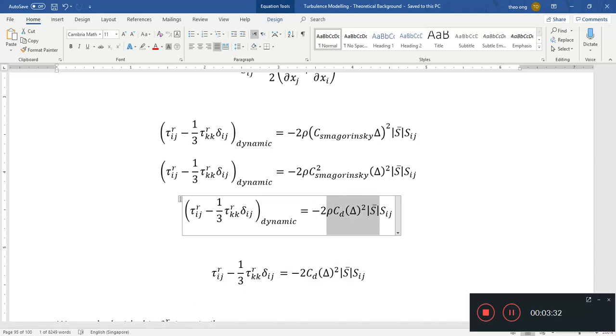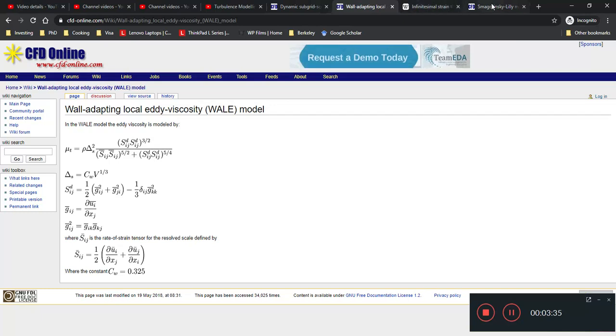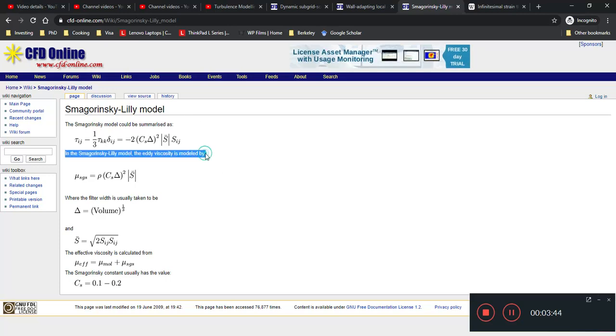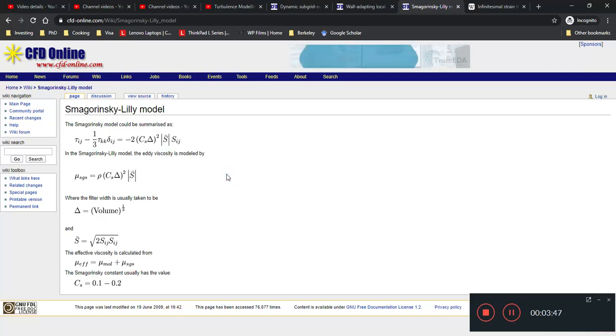For example, if you take a look at the Smagorinsky model here, when you see tau_ij minus 1/3 tau_kk delta_ij, you get 2 C_s delta squared times S, the mean rate of strain, then S_ij. Mu_SGS equals rho times this. So what you see here is the kinematic viscosity.